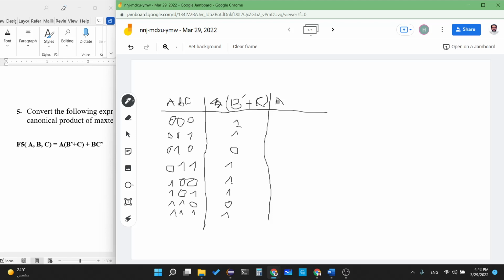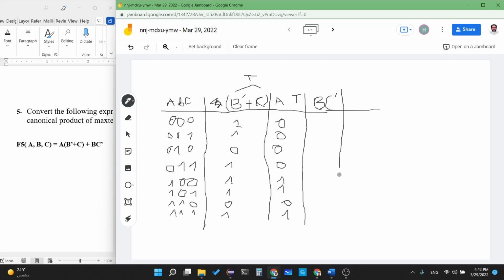Okay, now we make the second part. So A and, let's call this T, A and T. Now whenever A is 0, it will be 0, and here it will be 1 whenever T is 1. Clear? Yes. Then you have BC bar.